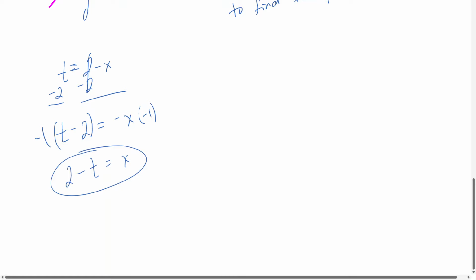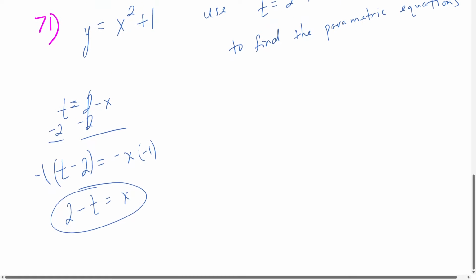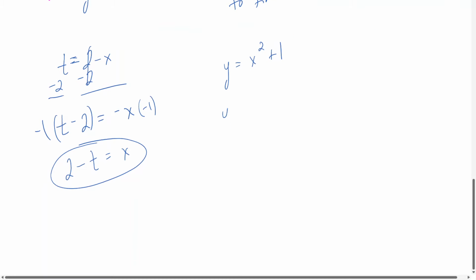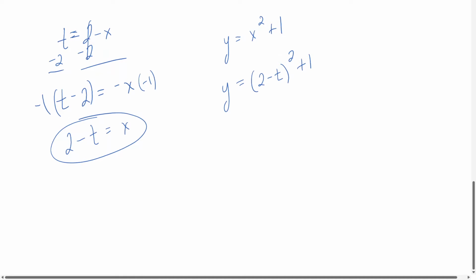So that's our first parametric equation. And now that we know what x is equal to, we just take that and plug it into the rectangular equation they gave us. This is the rectangular equation. And if I plug in x, x will be 2 minus t squared plus 1. And then we just simplify.